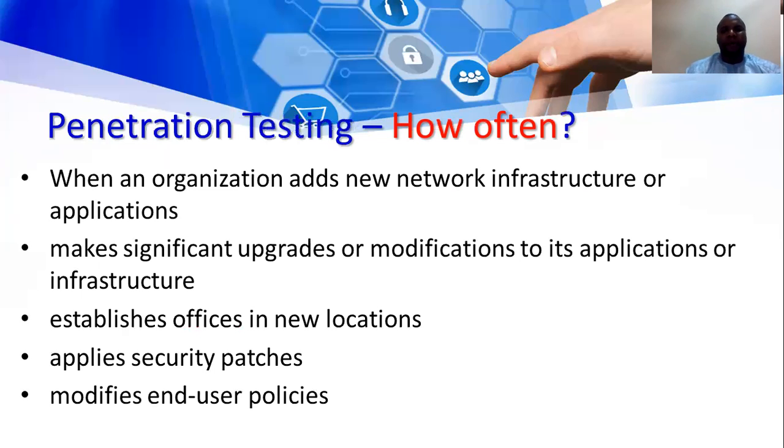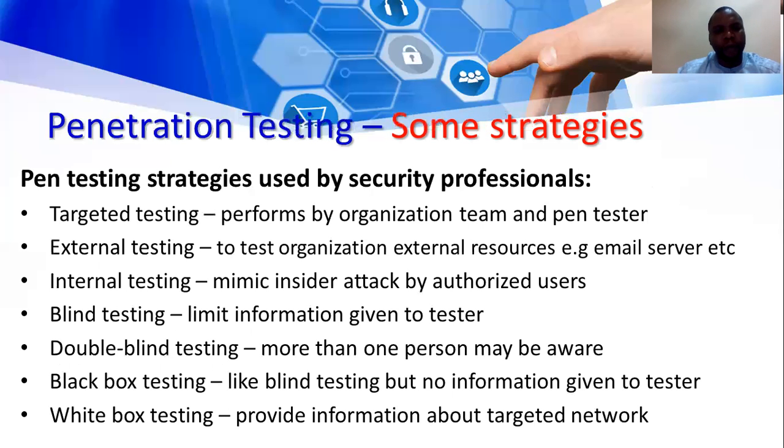And sometimes when an organization applies security patches, you can test that security patch to see if it satisfies the security requirement. Sometimes it also modifies end user policy. If you modify user policy and it affects your application or your network, then you need to test for vulnerability on that network. Those are the occasions when you can perform the pen test.